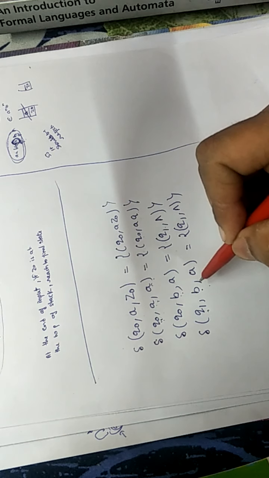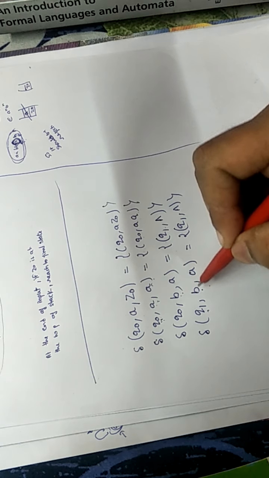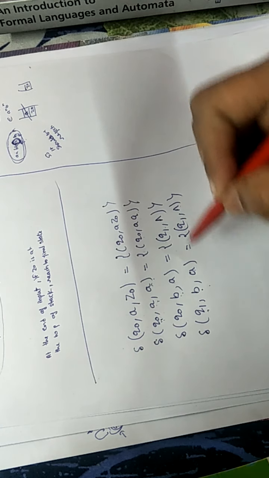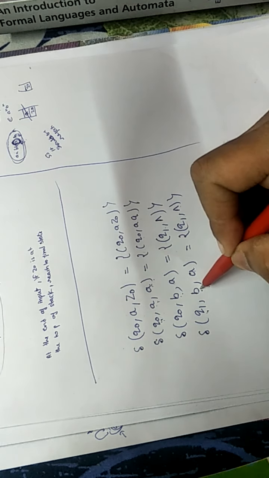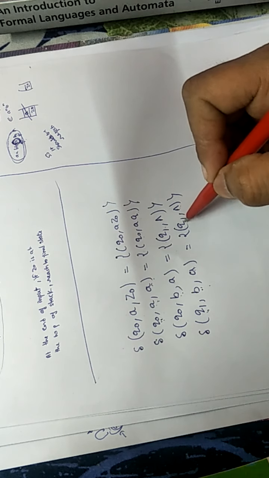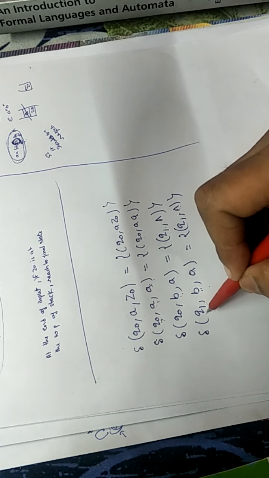It is a loop in which for each B there is A on the top of the stack and we are popping it. Now at Q1 there is another B, A is on the top, we are popping it and moving to Q1 only.